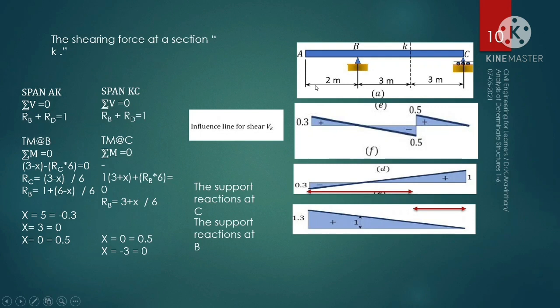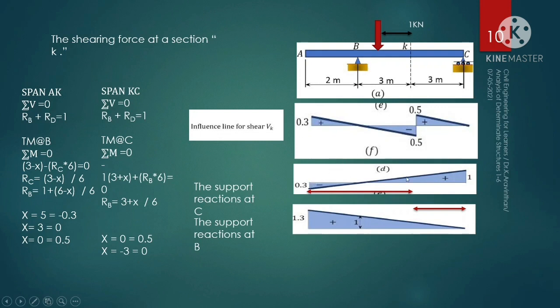If you want to calculate, you can calculate by applying the unit load at a distance of x from the point K. You can take two spans, that is AK, and the remaining span is KC. You can apply the same way as I have explained earlier, or you can take the reaction at support C.